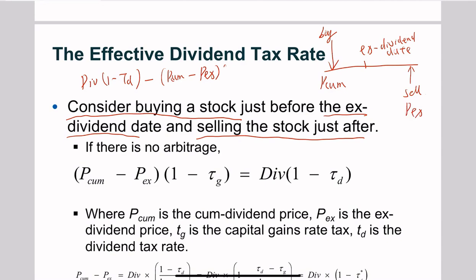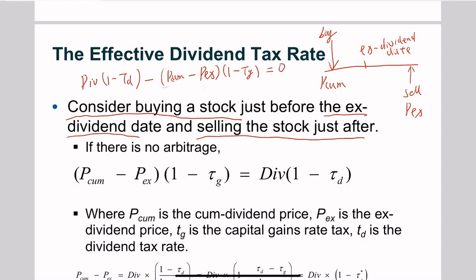And then again, your after-tax loss is given by the loss times 1 minus TG. Here, TG is the capital gain tax rate. And if we assume the market satisfies the no arbitrage condition, then this should be equal to 0, right?